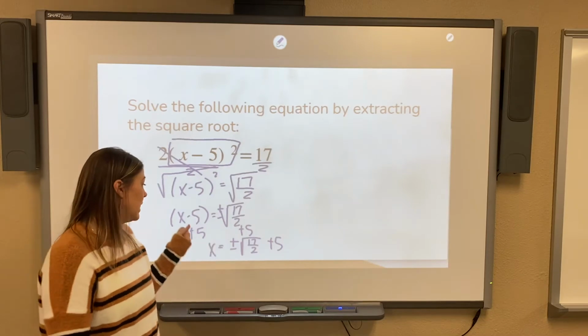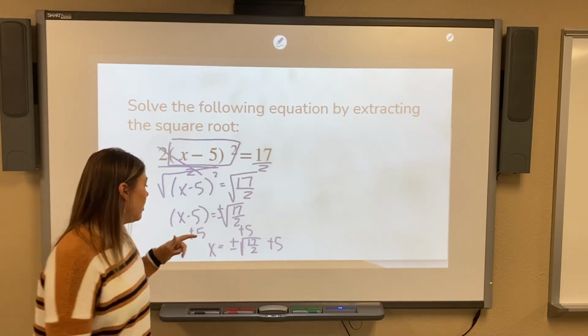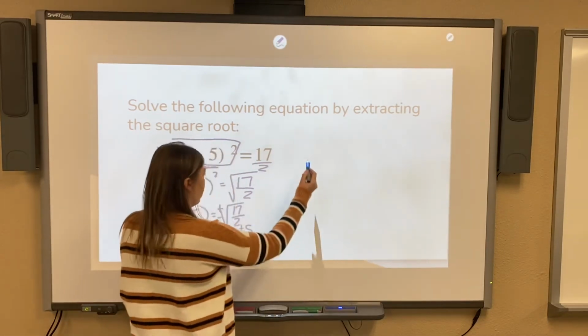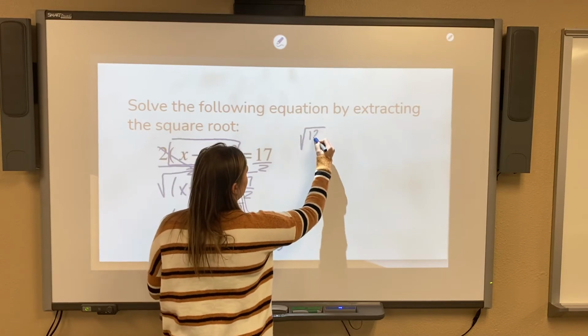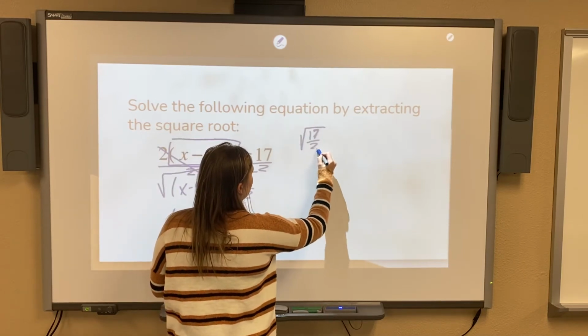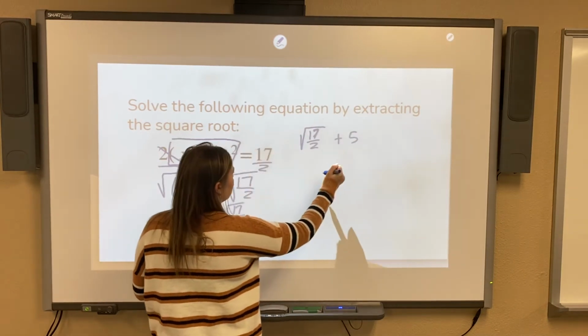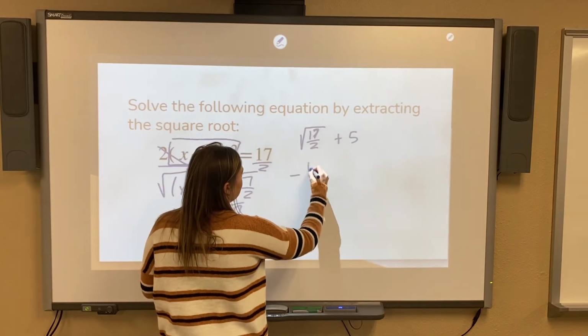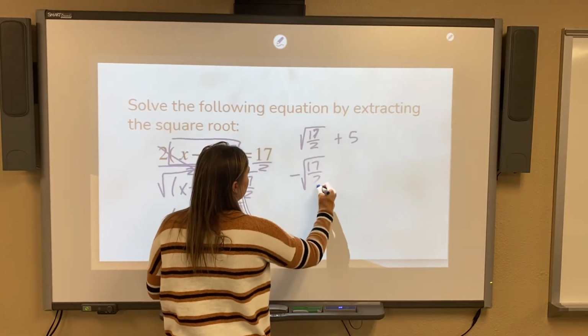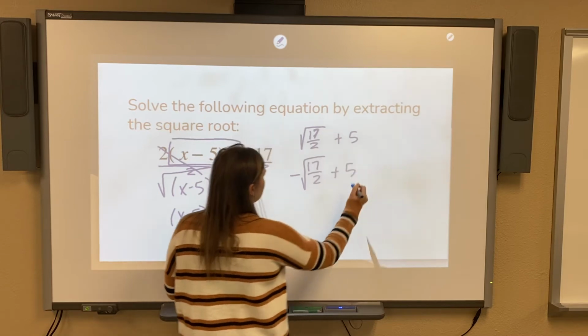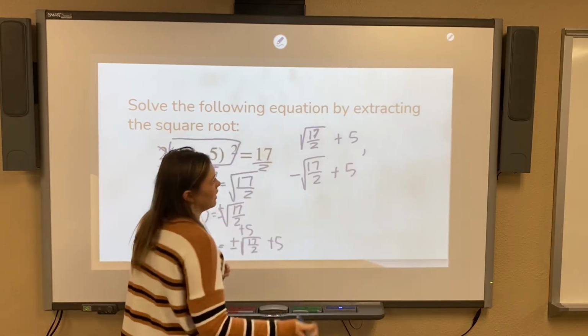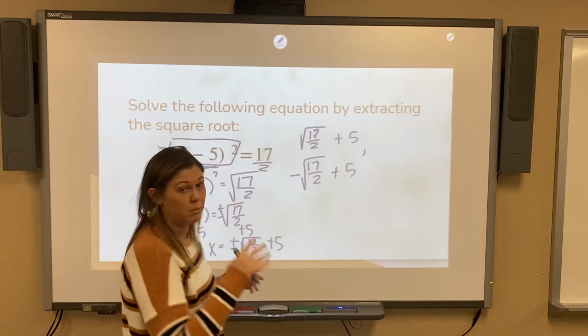What you need to do is plug it into your calculator: the square root of 17 divided by 2, and then plus 5. That's one solution. And then negative square root of 17 over 2 plus 5. I should have done that in my calculator and I didn't, but that's what you're going to do.